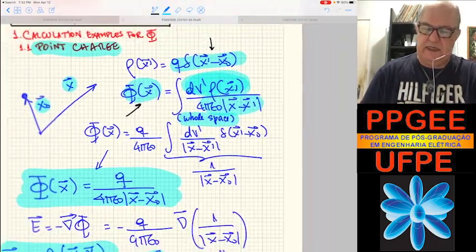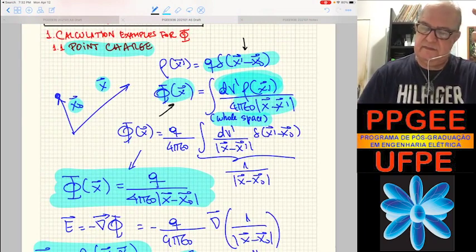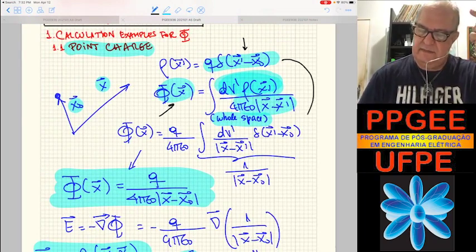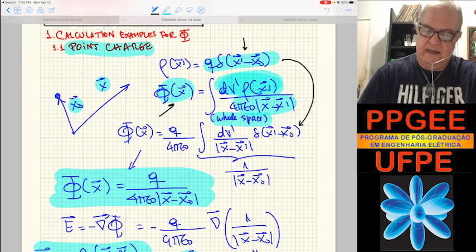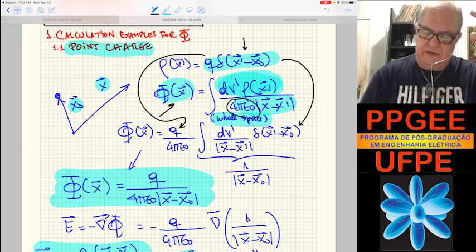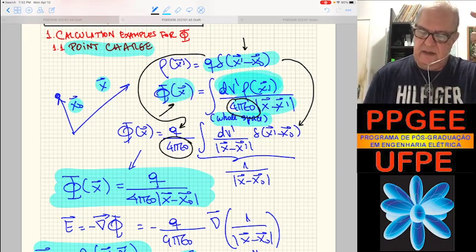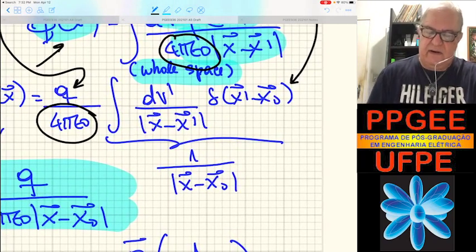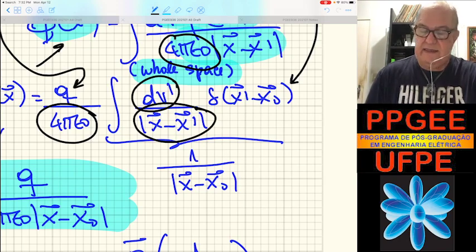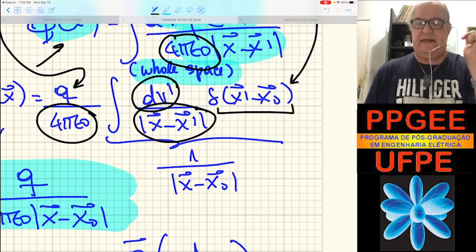So if we plug in the expression for the charge density, q goes out of the integral, and 4 pi epsilon 0 goes out. We have the simple integral of dv prime, a function of x prime, and a delta function of x prime minus x0.